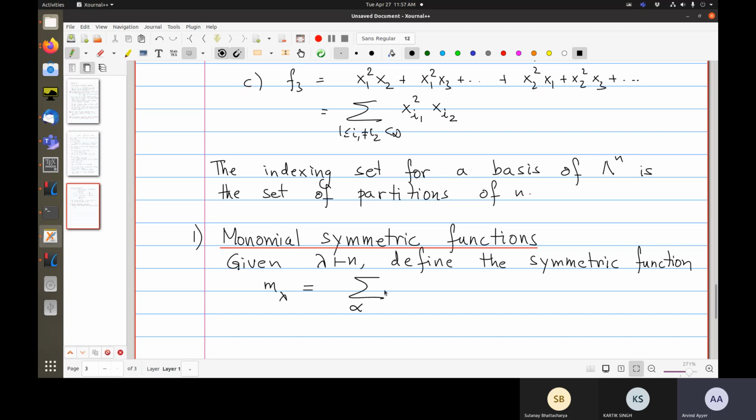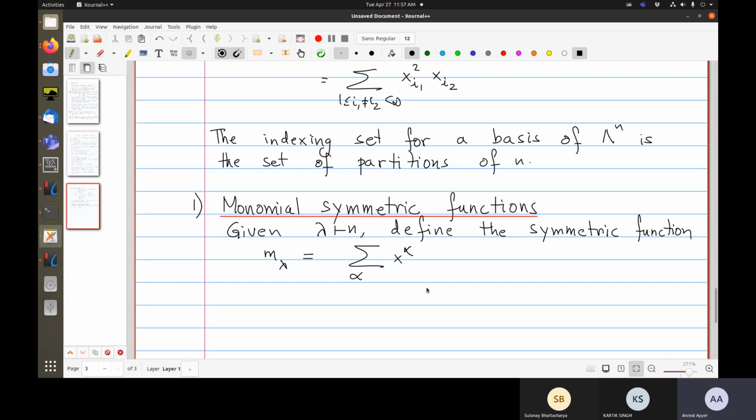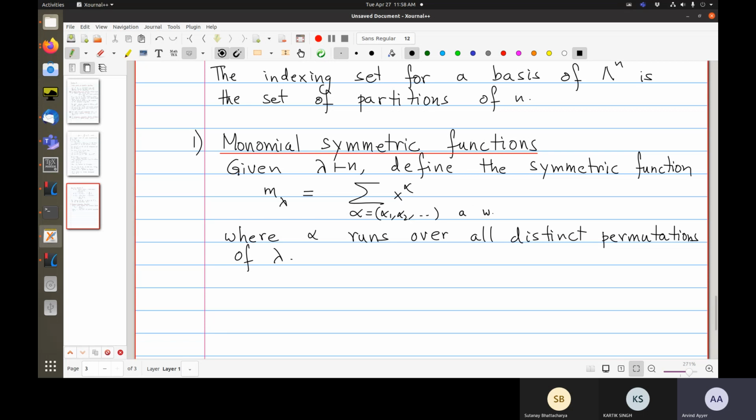This is the sum over alpha of x to the alpha, where alpha is a weak composition which sums to n, where alpha runs over all distinct permutations of lambda. Okay, so this alpha is a weak composition.